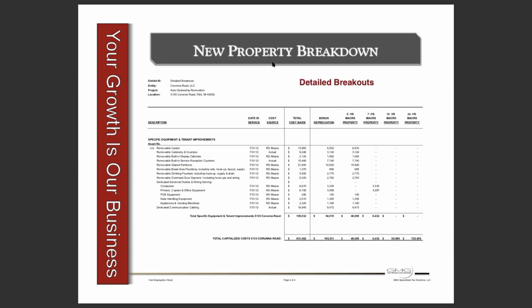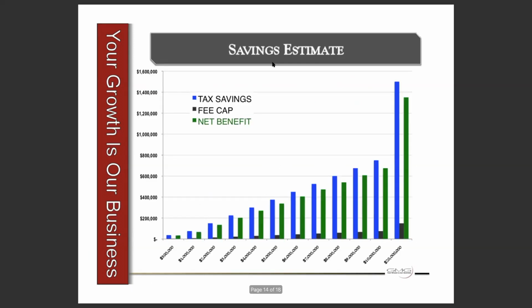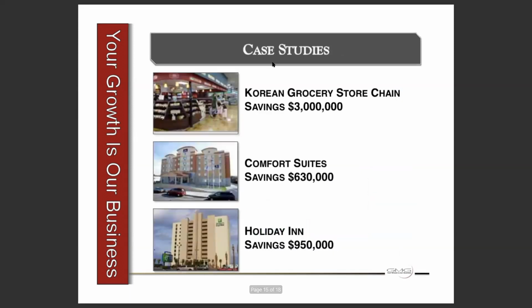A lot of this is technical details that probably only the IRS would care about. But it has everything in it that is going to be needed to withstand any scrutiny.